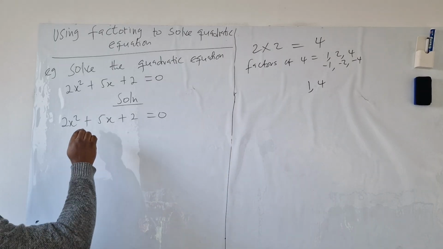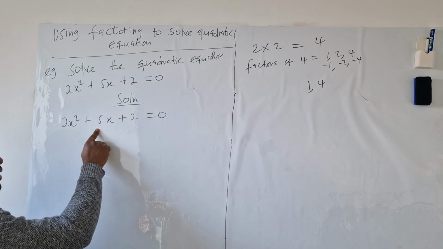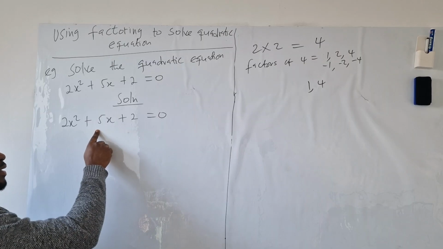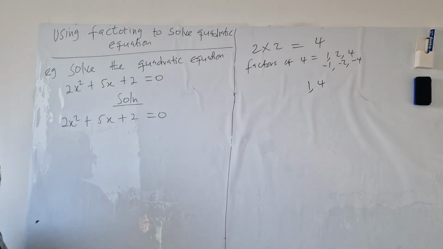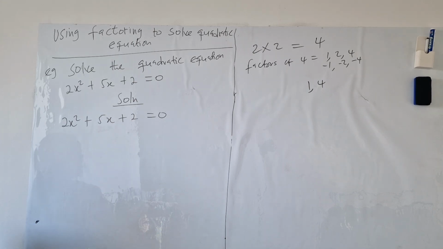But because the 5 is attached with x, we are going to attach the x to each of the 2 numbers, because the 5 that is replaced is attached with x. So we also attach the 2 factors with x.